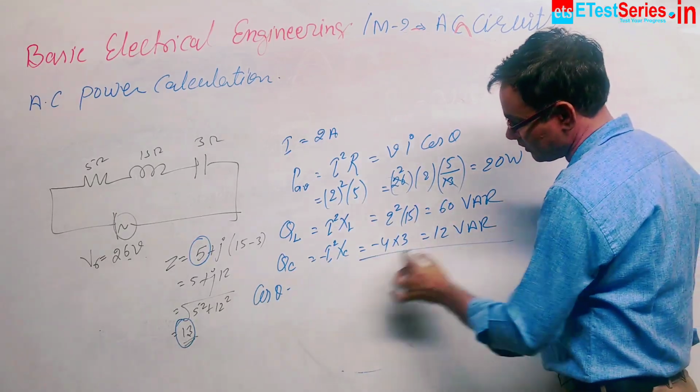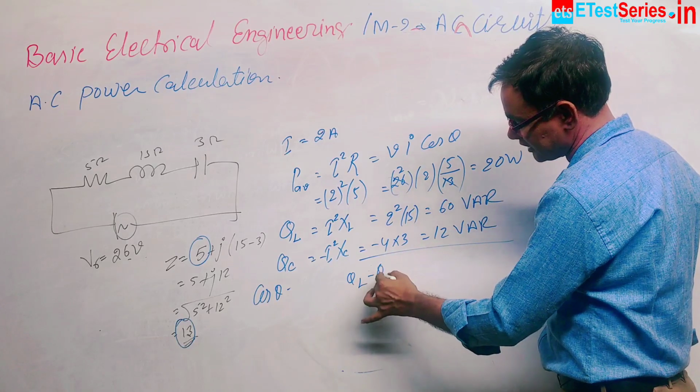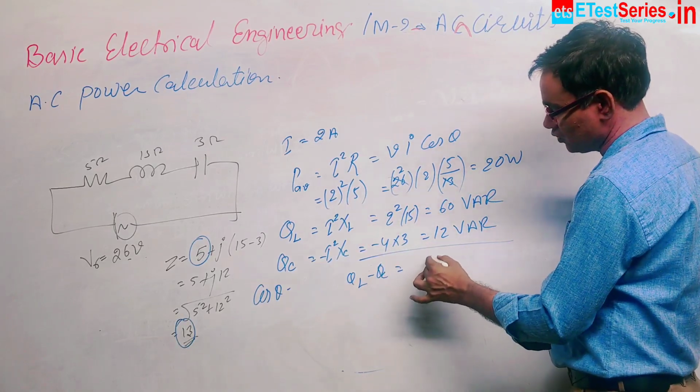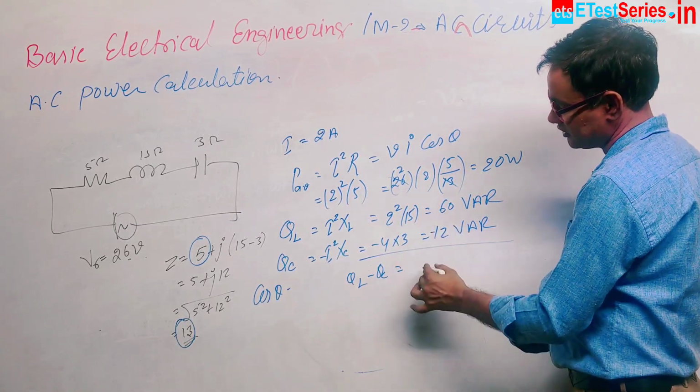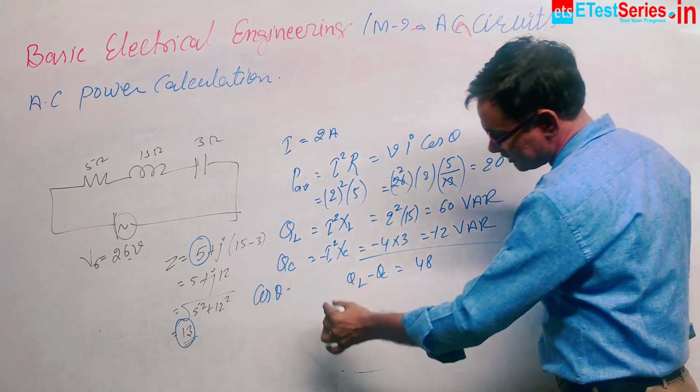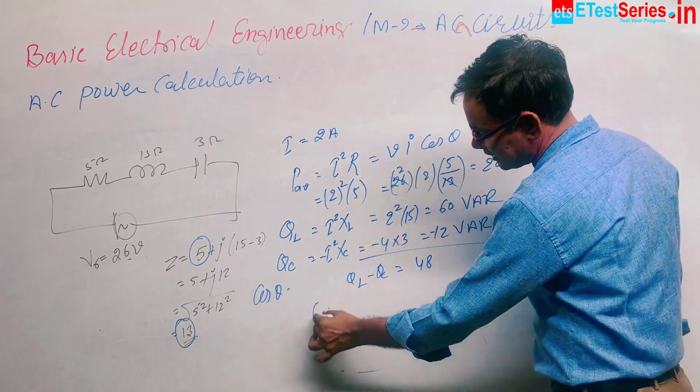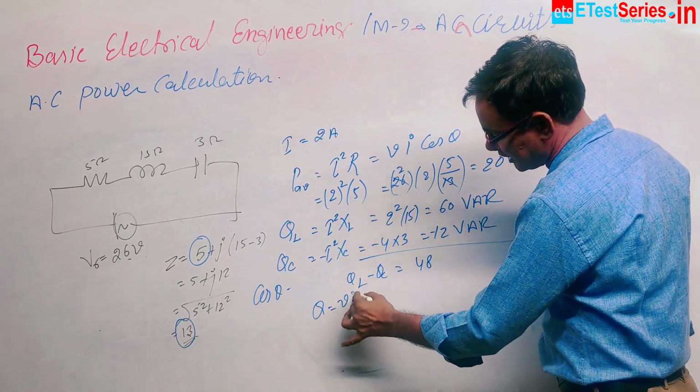So the total reactive power is XL minus XC, this minus this, which is equal to 48. Otherwise you can calculate directly, then Q is equal to VI sin phi.